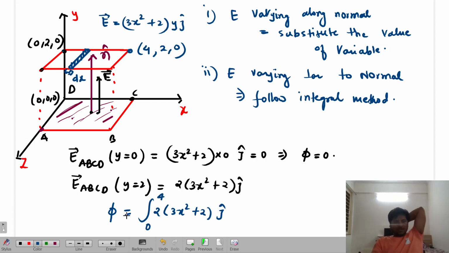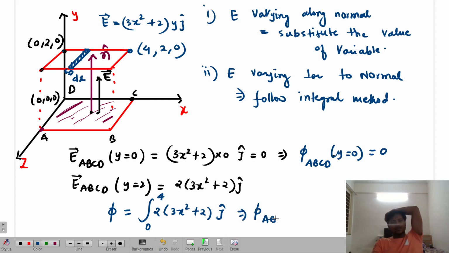Take, so look over here. So this is my flux. See, this is the flux at ABCD when y was equal to 0 and it used to come as 0. This is my flux at ABCD when y is equal to 2.